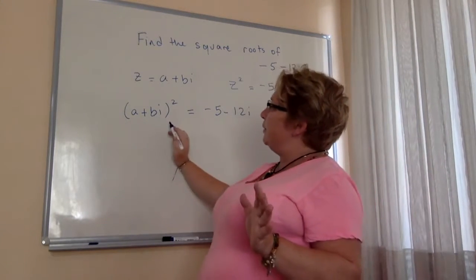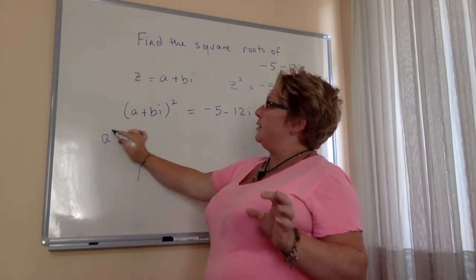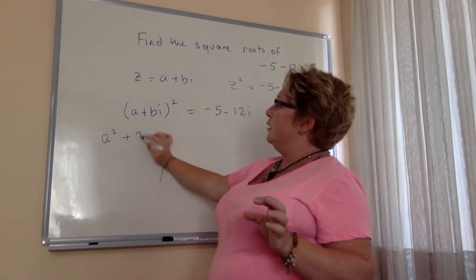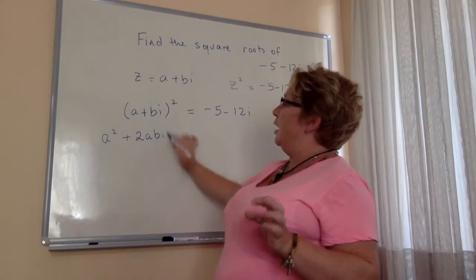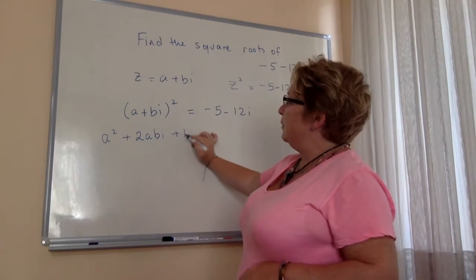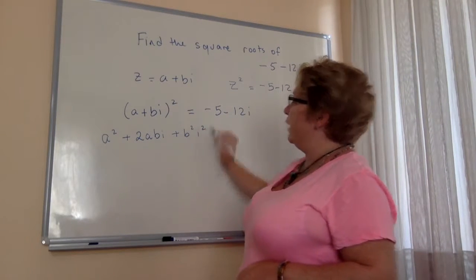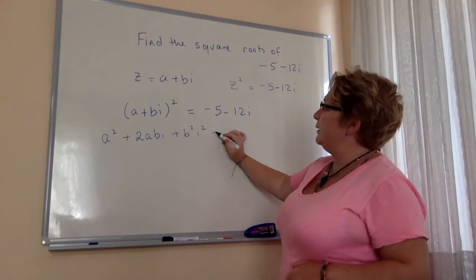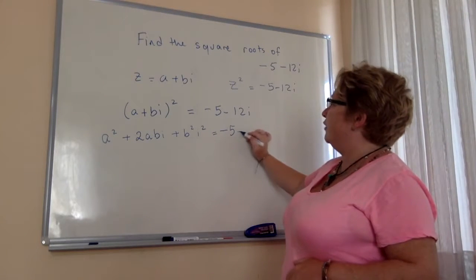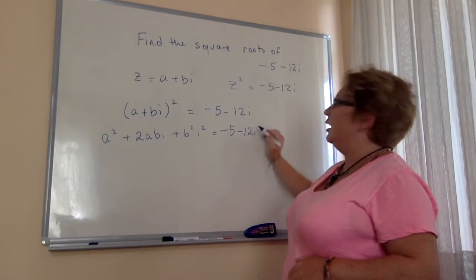So when I square a plus bi, I get a squared plus 2abi plus b squared i squared. And I want to set this equal to minus 5 minus 12i.